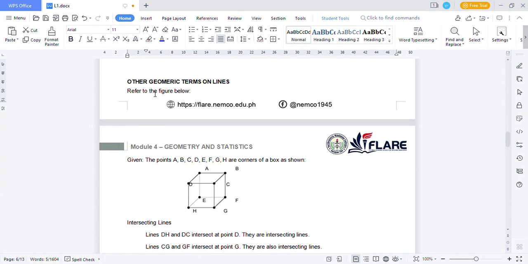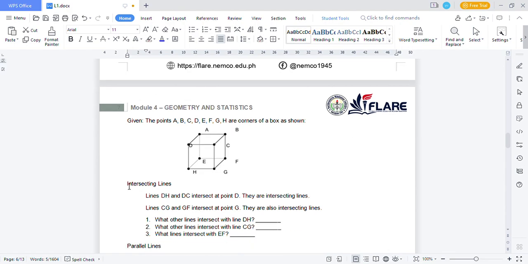Okay, so we also have here other geometric terms on lines. Given the points A, B, C, D, E, F, G, and H are corners of blocks as shown. So we have point A, point B, and then point C, point F, and then point H, point E, and point D. Now, intersecting lines are two lines that intersect at one point.